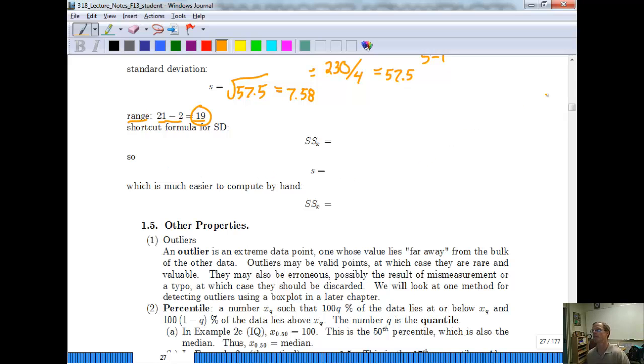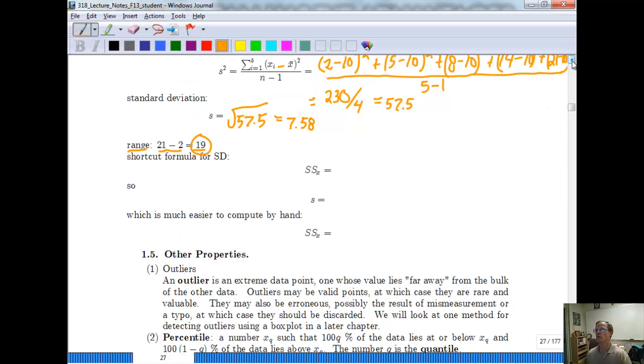But I want to show you what's known as the shortcut formula for standard deviation. Okay, we're going to use this quantity here quite a bit in the future. So the sum of squares x, the sum of i running from 1 to little n of xi minus x bar all squared, can be algebraically calculated as the following.